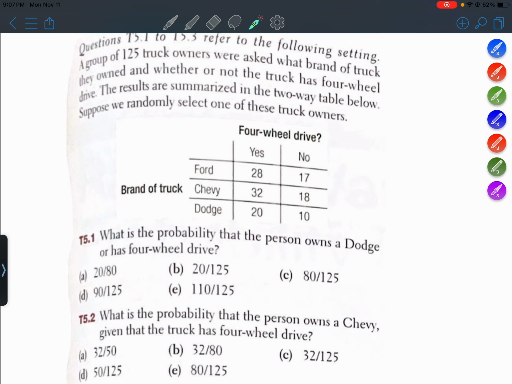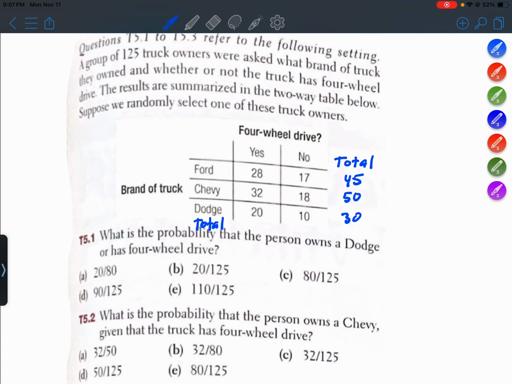Before I start reading through the answer choices, I'm going to do something that you should always do with a two-way table, which is to calculate all of the totals. We're going to find the total of each row, and the total of each column. 28 and 17 is 45. 32 and 18 is 50. 20 and 10 is 30.